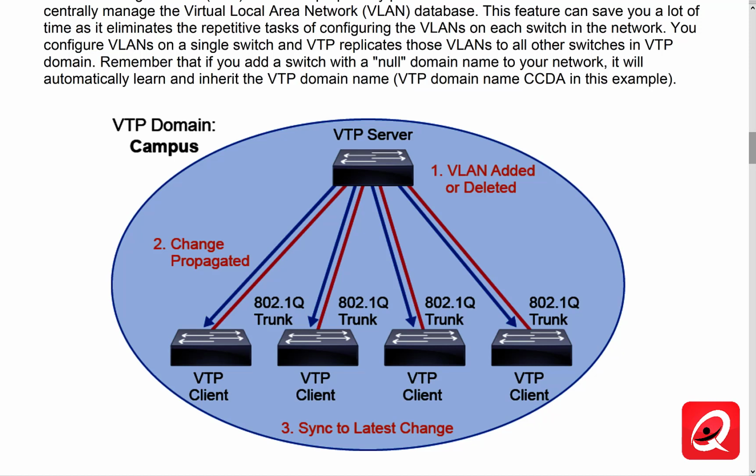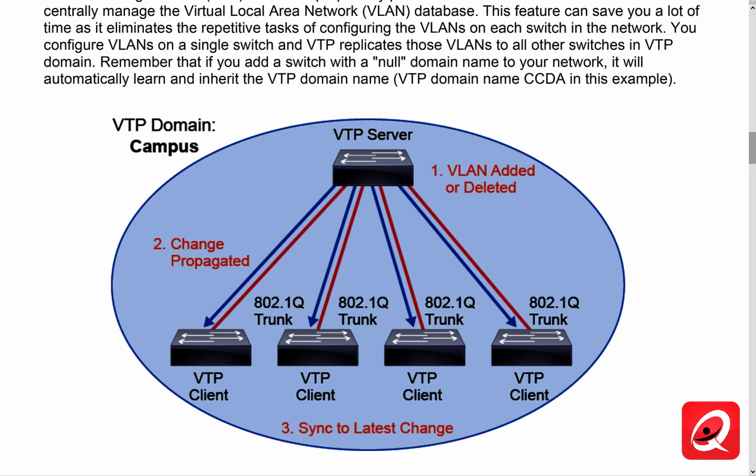Now, I haven't configured VTP on the switch. So technically, VTP is not running, but it is kind of running. It's enabled, but because we haven't joined the switch to a VTP domain, the VTP domain is null, and VTP messages are essentially not being sent out. But here's the issue with VTP.